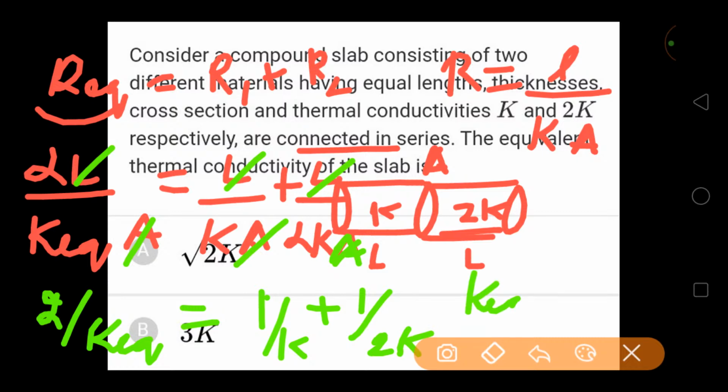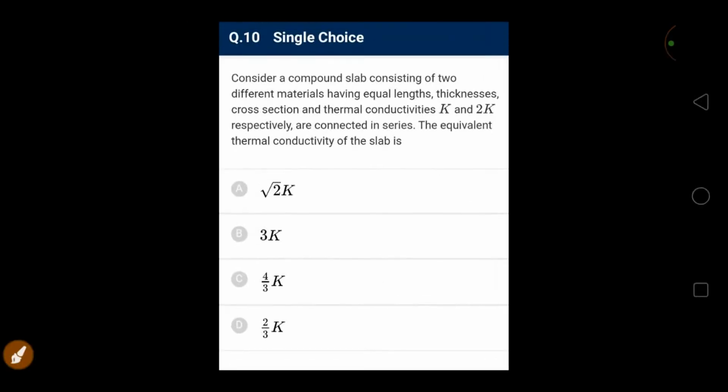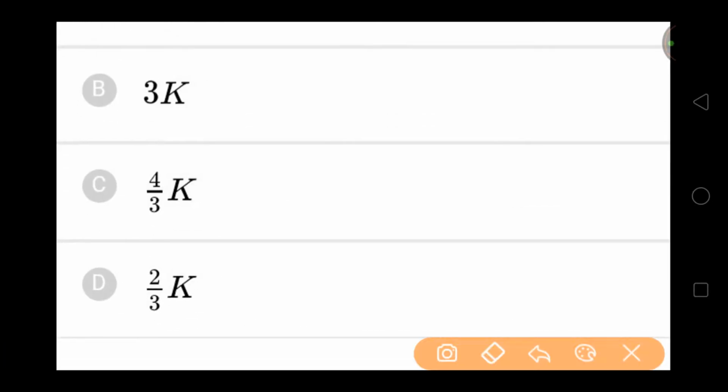So K equivalent becomes 2K by 3 into 2, so 4K by 3 would be right.